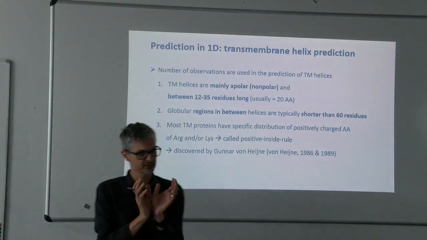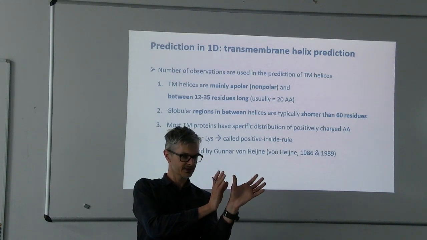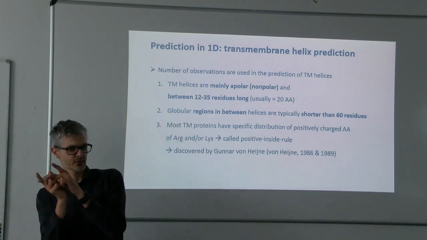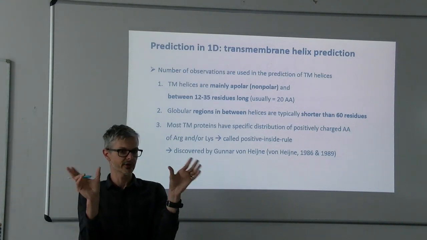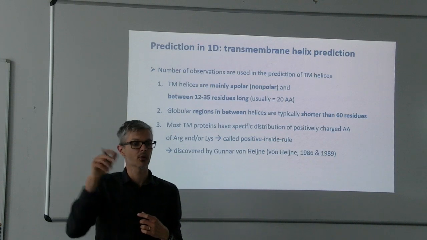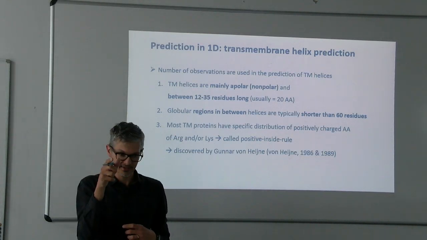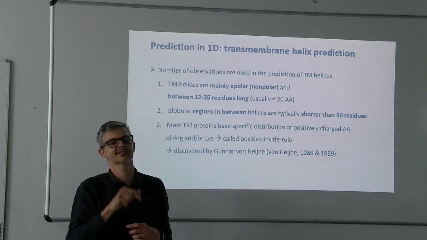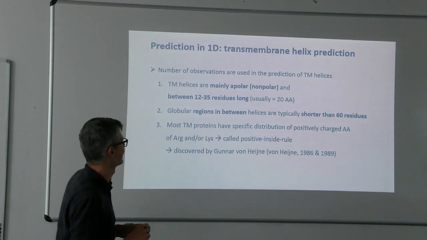Then you just look at some amino acids before the helix, in the sequence, and afterwards. And you will often see that in one part, either before or after, you will have more R and K, more arginines, lysines. That one is on the inside. Positive residues on the inside. That's the trick. So by just looking at the sequence, you should be able to do that.